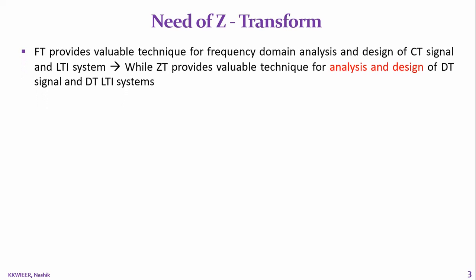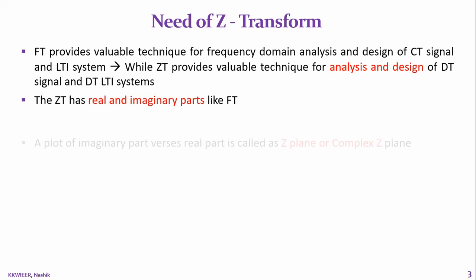So Fourier transform provides valuable techniques for frequency domain analysis and the design of CT signals and LTI systems, while the Z transform provides a valuable technique for analysis as well as design of DT signals and DT LTI systems. Z transform has real and imaginary parts like Fourier transform.